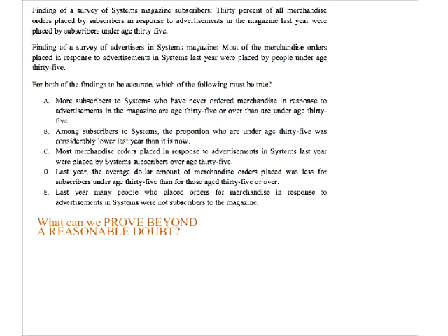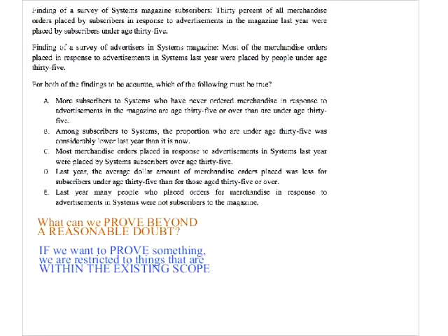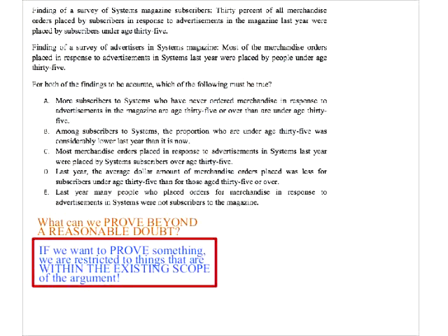And remember, when we're talking about proving things, we are restricted to things that are within the existing scope of the argument. What the scope of the argument means is the set of topics that the argument is currently talking about.